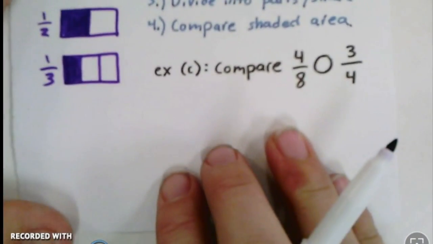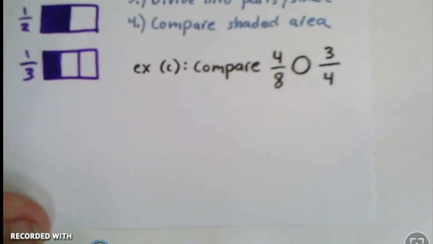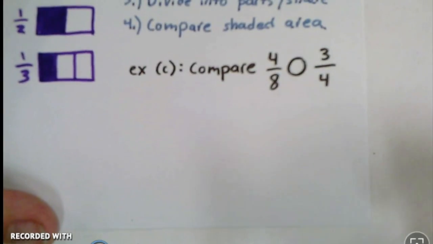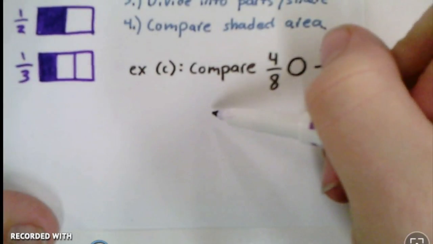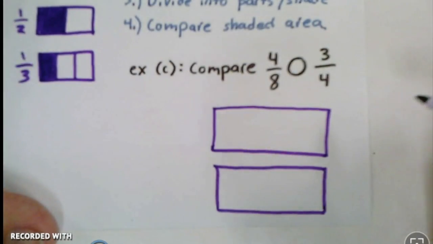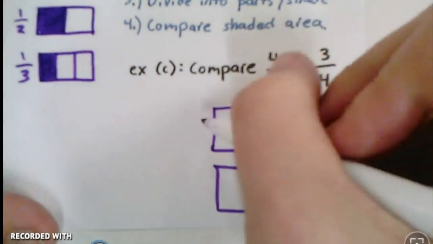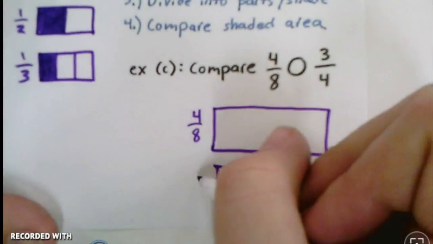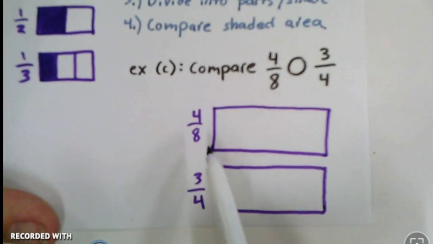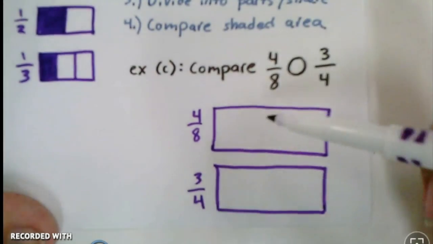Okay, let's try the same thing for these numbers. So here I have 4/8 and I have 3/4. So I'm going to start by drawing 2 figures. And then after I have my 2 congruent figures, I'm going to label them with their fractions. So this is going to be 4/8 and this is going to be 3/4. And then I'm going to split them into the amount of parts the denominator said.